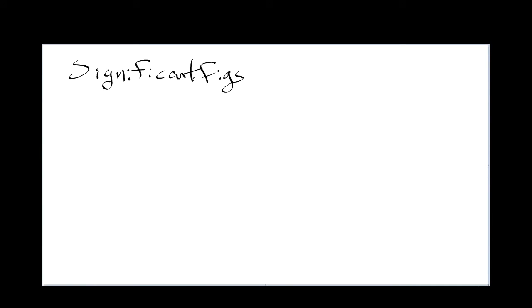So first, counting significant figures. When you look at any sort of number, any sort of measurement, the question you have to ask is, how many significant figures does it have? The answer is, any non-zero number is significant. So this is significant, and this is significant.